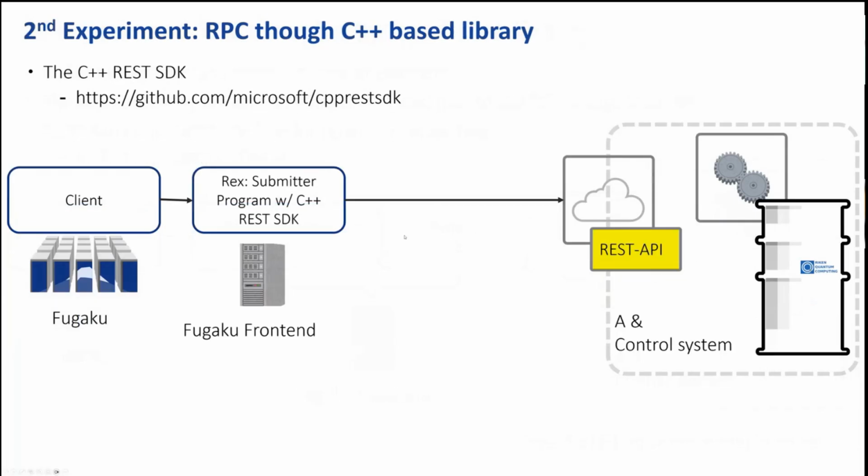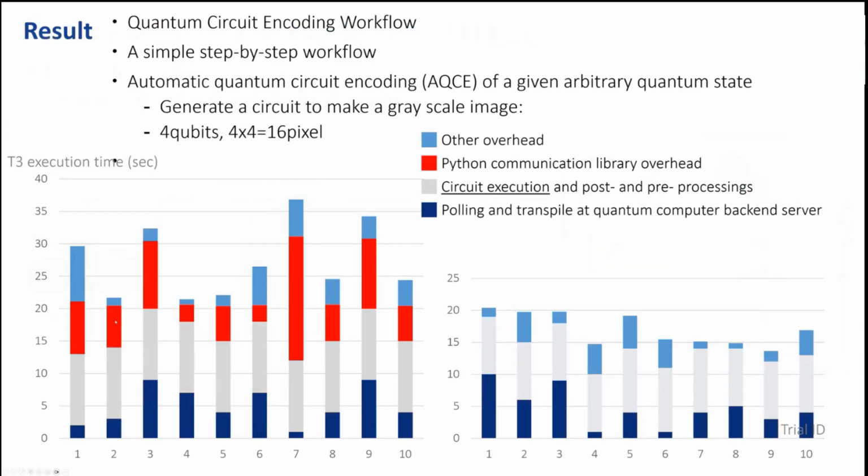Another approach is that we omit Python and move to C++. We directly use the REST API by using C++ libraries developed by Microsoft. The left one is an example using Python, and the right one is the C++ one.